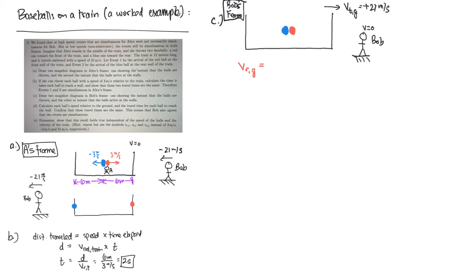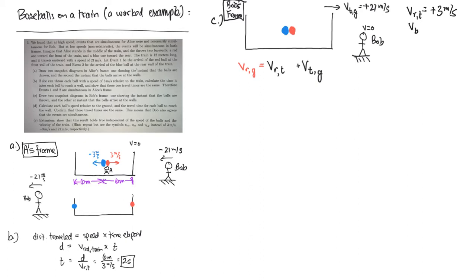Okay, so we need to calculate that. So we know that v of RG is v of R relative to something plus v of that something relative to G. And what do we know? Well, we know velocities relative to the train, so let's put that in there. We know that the velocity of the red ball relative to the train is 3 meters per second, and we know the train relative to the ground is 21 meters per second. So let's actually write this explicitly out here. We're given VRT is plus 3.